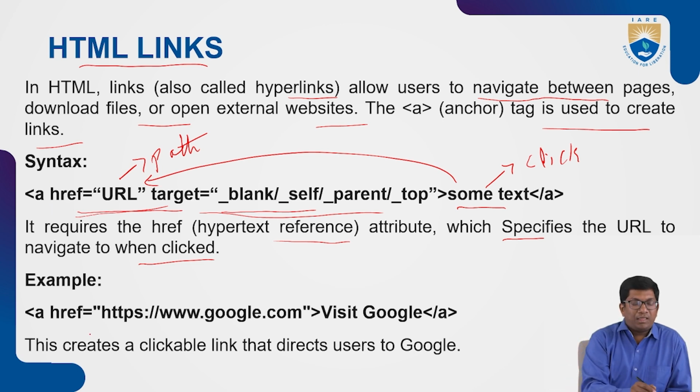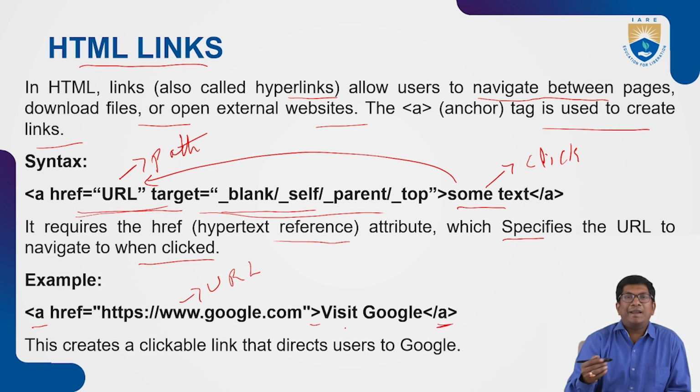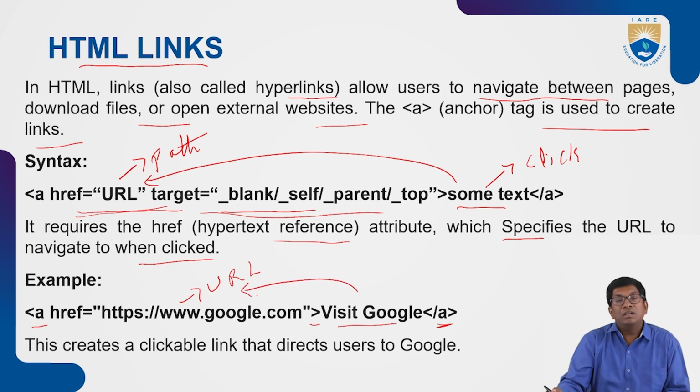Simple example: a tag, and we are writing here the URL, that is href equal to URL, and we're closing the anchor tag. In between that, we have written some text. If you render it in the web page in the browser and click on this, Visit Google, then if the internet is available, it moves to this URL, www.google.com.